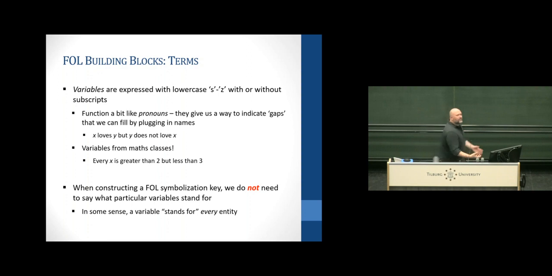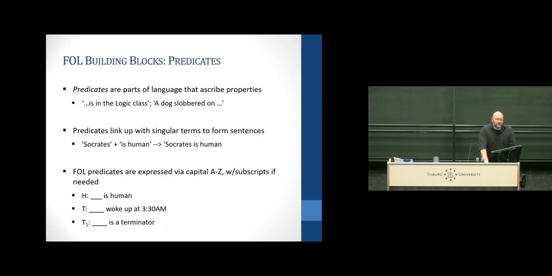Okay, so there's our first two bits. Terms, names, or variables. The other fundamental unit here are predicates. Predicates in natural language, for those of you who haven't done parts of speech or anything, are parts of language that you can broadly understand as ascribing properties.